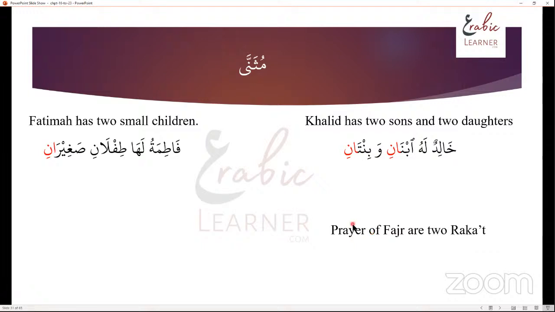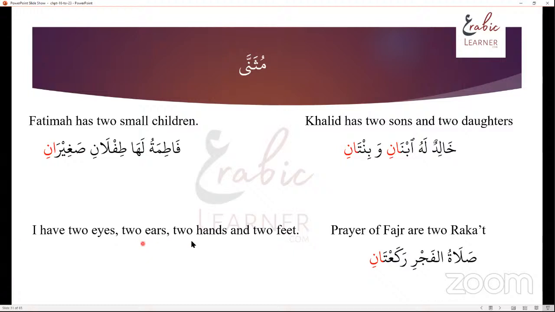No, no, you cannot say it like that. The ma'dud is always mannud. Remember. Ma'dud is always mannud. Okay. Prayer of Fajr is 2 rakat. So salatul Fajri raka'atani.